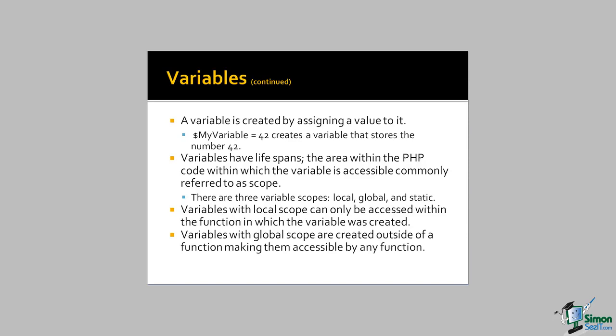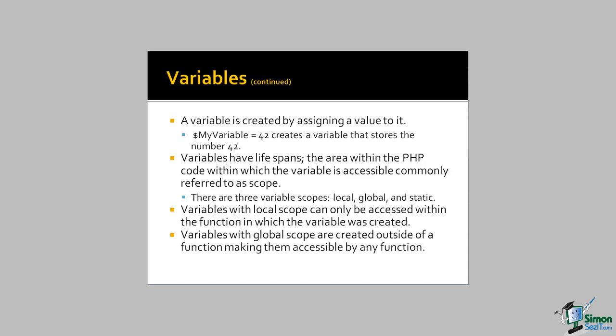But variables have lifespans. They have an area within the code in which the variable is accessible. And so with PHP, there are three scopes to variables. We call this scope. The lifespan, the area within which the variable exists and can be accessed, is referred to as scope.